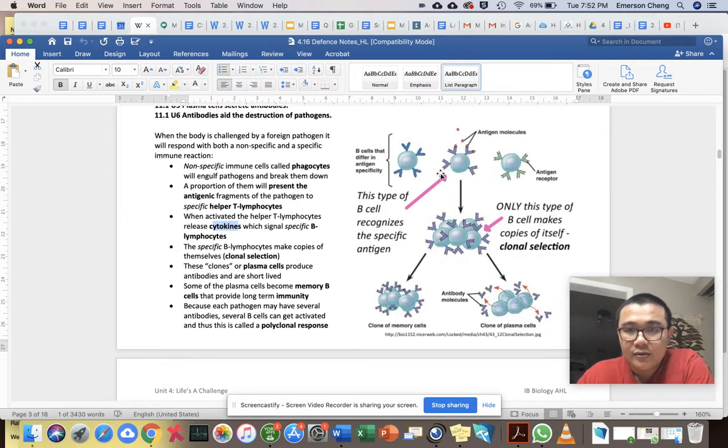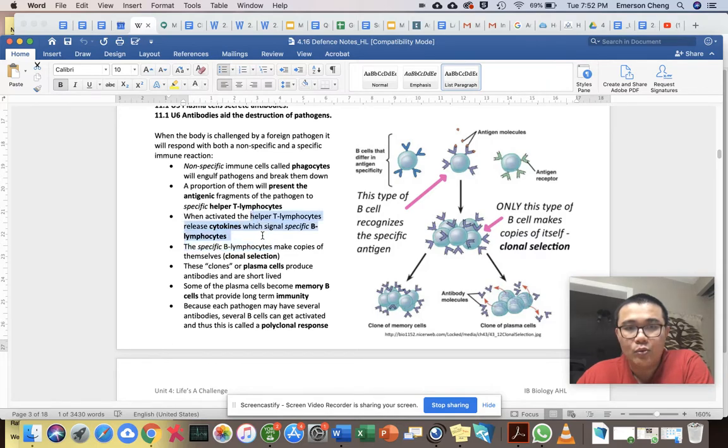So here you have 3 different kinds of B cells. Only this one is specific to the foreign antigen, so this one gets activated.